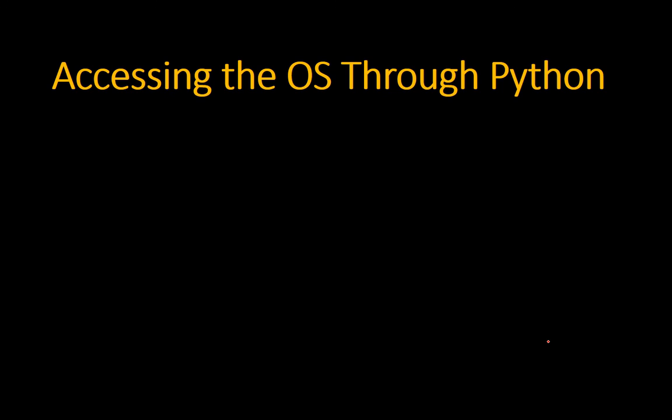Now, next thing we want to look at is library functions. And one of the primary library functions we want to look at in supporting our file system is the OS, the operating system. Now, this is usable with Python across all the platforms that we can use. So as an example, we're using Windows here in the lab.